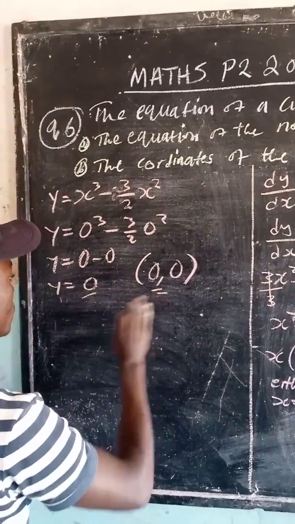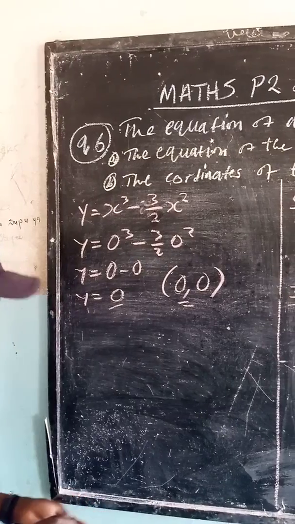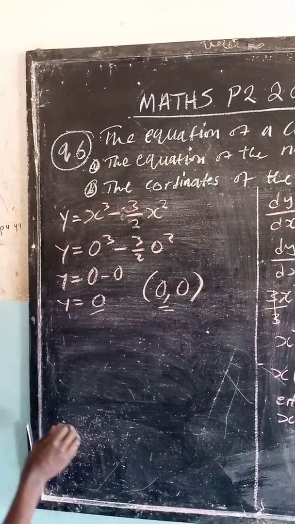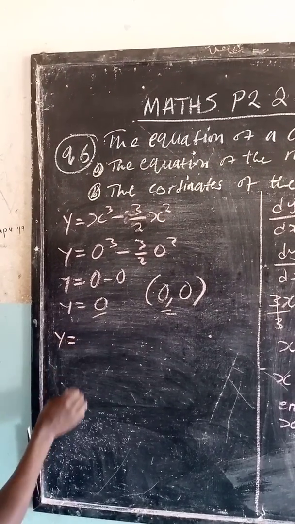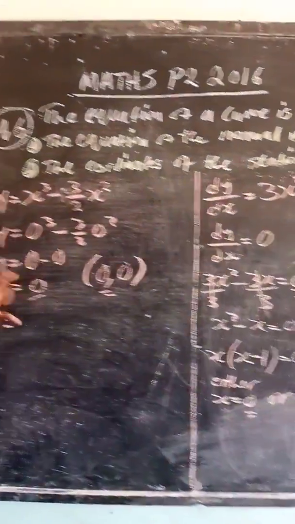So this was the first coordinate. To find the second coordinate, we are going to say y is equal to the same equation. Then we are going to substitute where there is x, we are going to put 1.